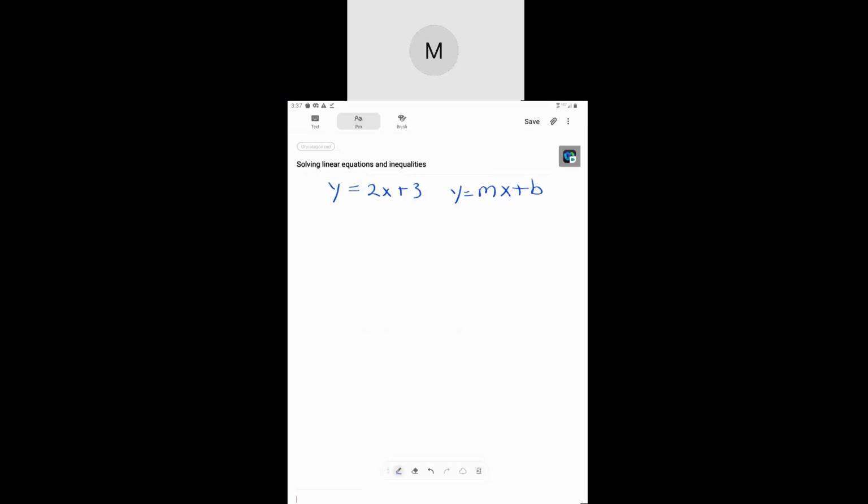So we need to go back and revisit our previous topics that we've learned about how do we distribute items, how do we add and subtract like terms. So very important concept, like terms. You can only add or subtract if they're like terms.